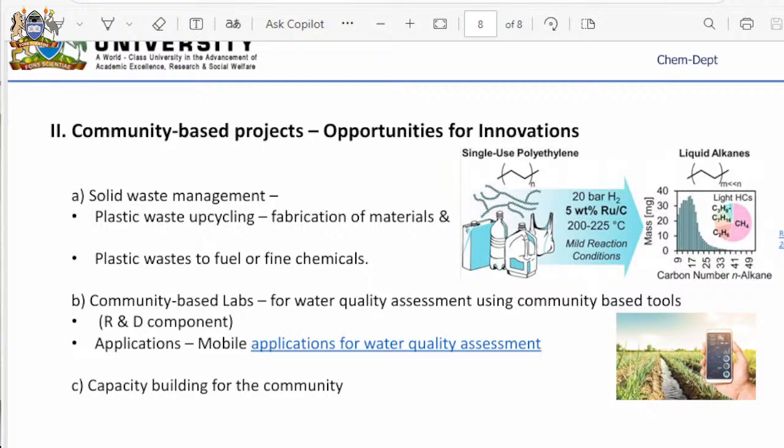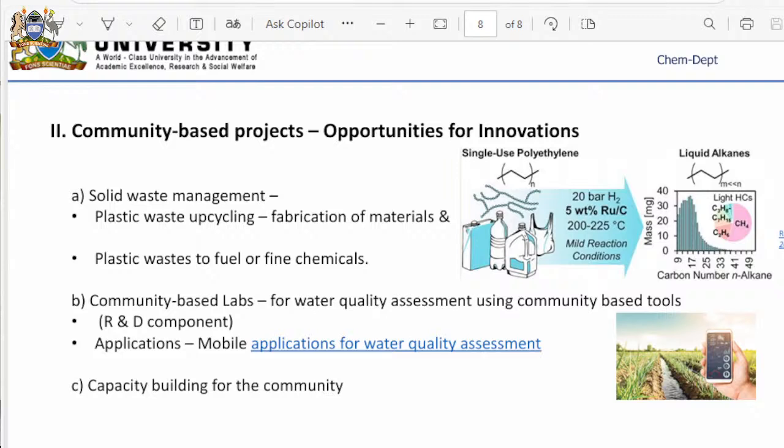As I conclude on community-based labs, looking at mobile applications, this is an area where I am strong in terms of technology and physical organic chemistry, so we can generate mobile applications from some of these water quality assessment tools. Now, this is all about IoT. We get the right instruments, put them there, and we can monitor in real time, as Prof had suggested. So that's an area we can explore and try together.